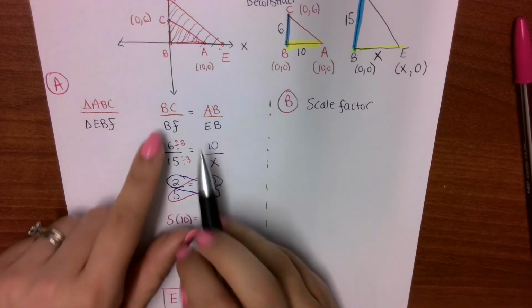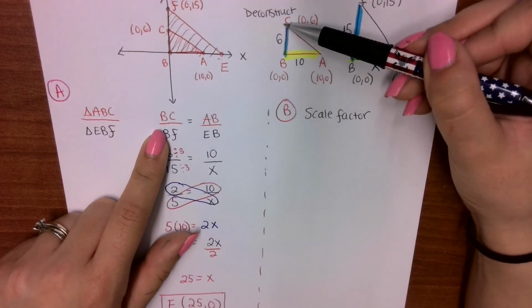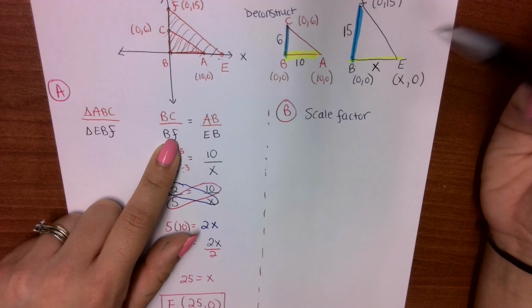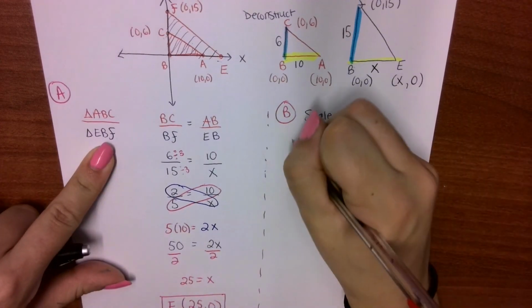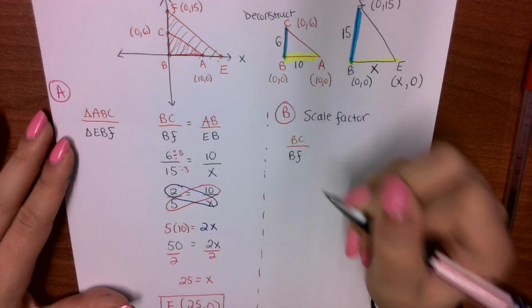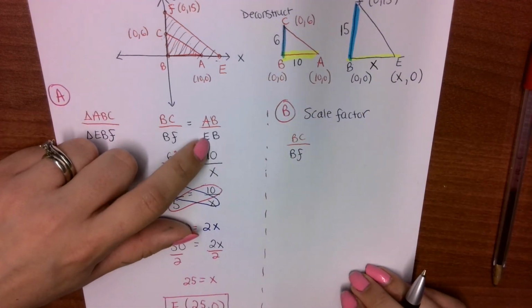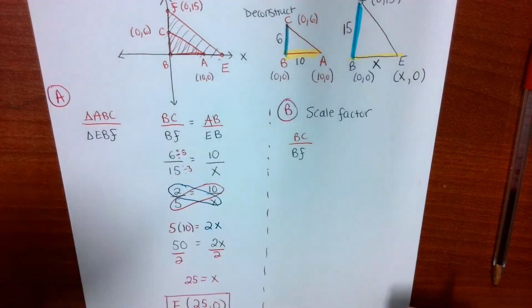Choose any of our ratios we did. So I had BC over BF. You could also choose AB over EB. Just choose one. So I'm choosing this from BC to BF.